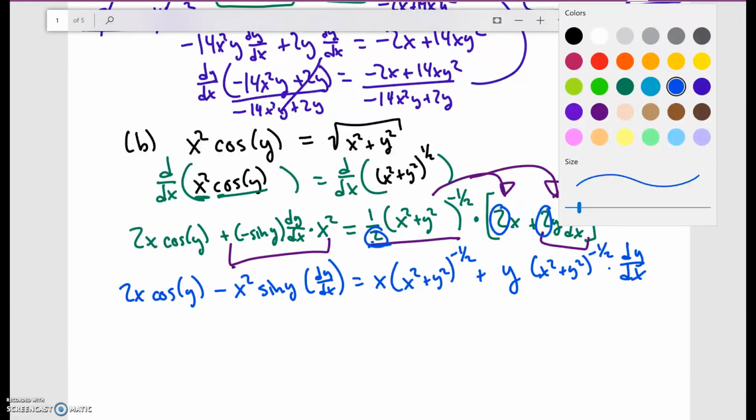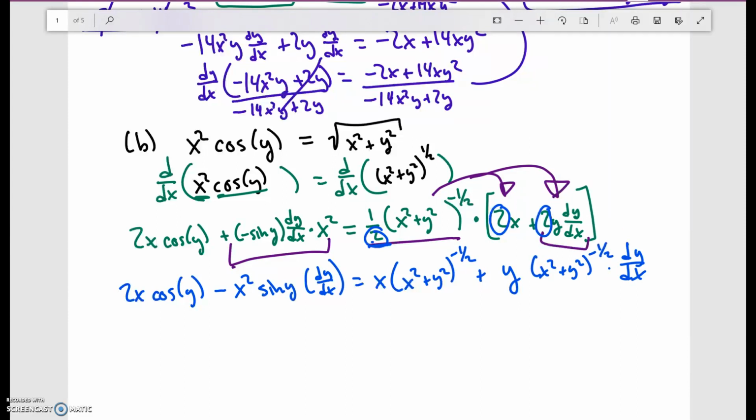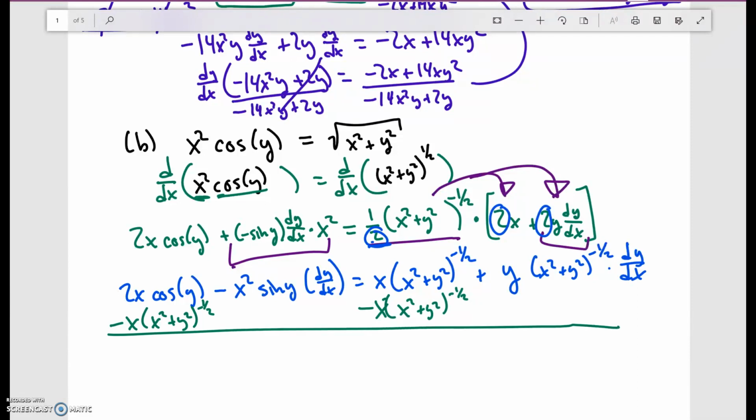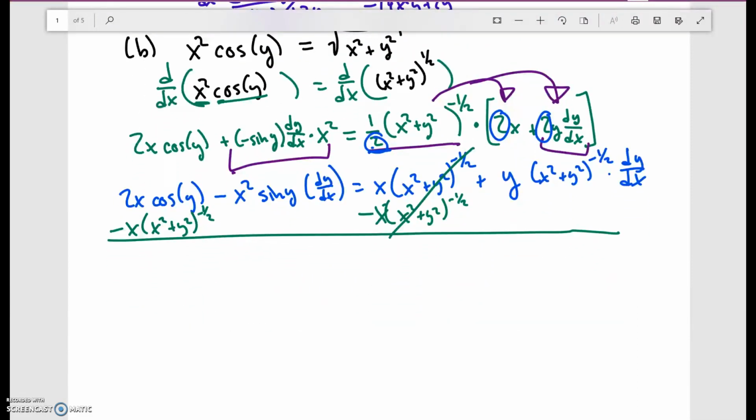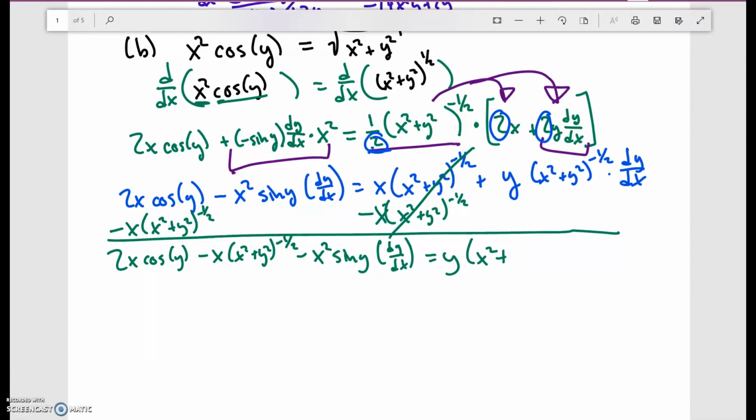All right, so now let's move everything that doesn't have a dy over dx. So this one doesn't have a dy over dx, so let me move this over: x times x squared plus y squared to the negative 1/2. Let me move that over. Okay, so now that's gone. So this is going to be 2x cosine y minus x squared plus y squared to the power of negative 1/2. Then we have this minus x squared sine y dy over dx is equal to y times x squared plus y squared to the negative 1/2 dy over dx.